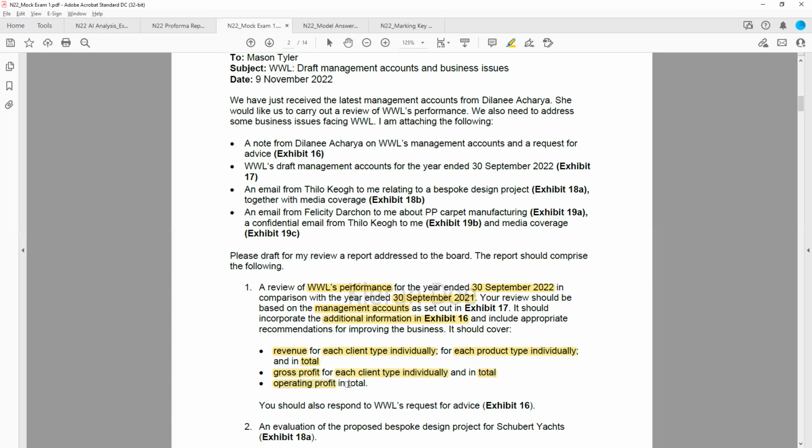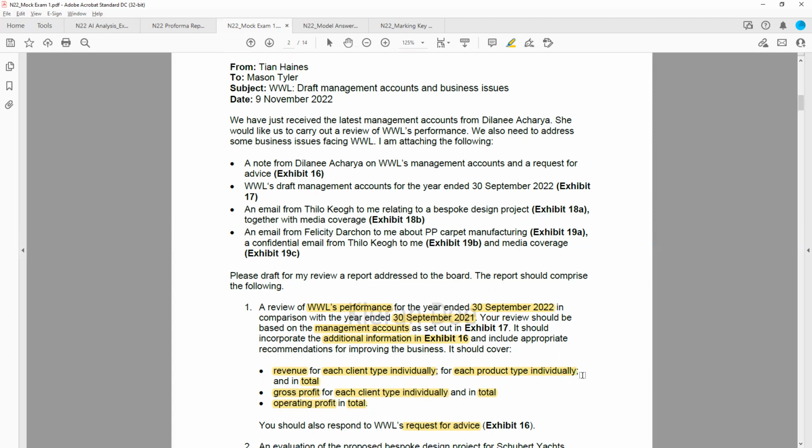Operating profit in total. You should also respond to the request for advice. So you can see in this requirement 1, we've got an additional piece of analysis to undertake as well. So we can see where we need to focus on the management accounts, revenue, gross profit, and operating profit, as we would expect. But then we've also got a one-off piece of analysis.